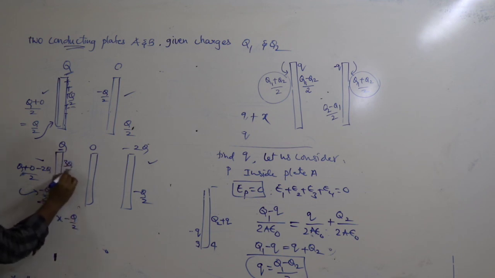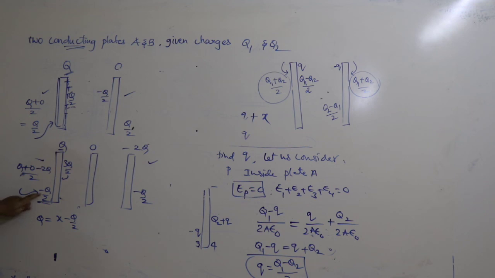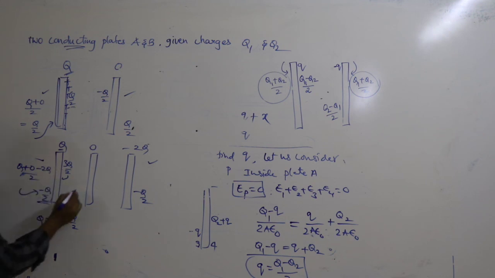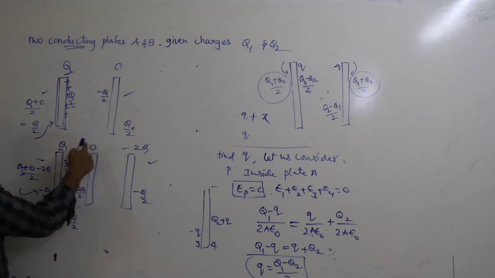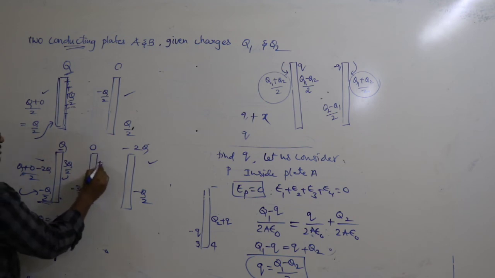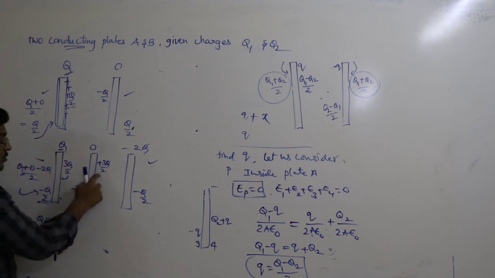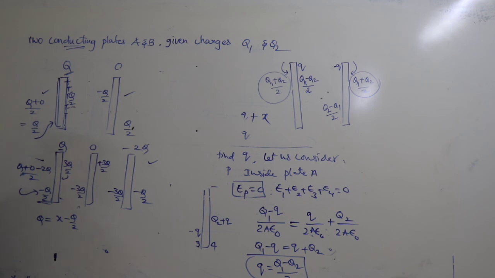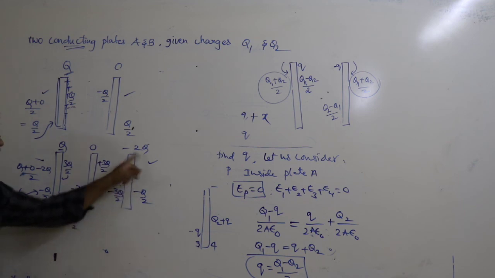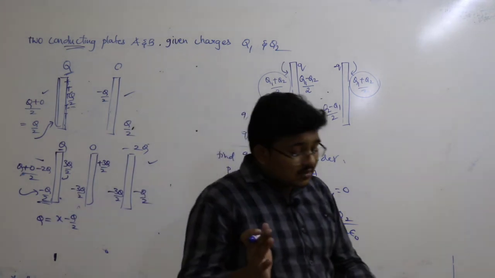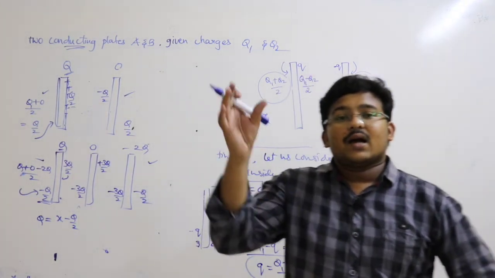So the charge on this surface is 3q by 2, and together with minus q by 2 they give q. If this is 3q by 2, then the facing surface, opposite and equal, is minus 3q by 2, and the total charge is 0. Then the next surface will be plus 3q by 2, together giving 0. And when this is plus 3q by 2, the last will be minus 3q by 2, and minus 3q by 2 minus q by 2 becomes minus 2q. So this is how the charges are distributed on the conducting plates.